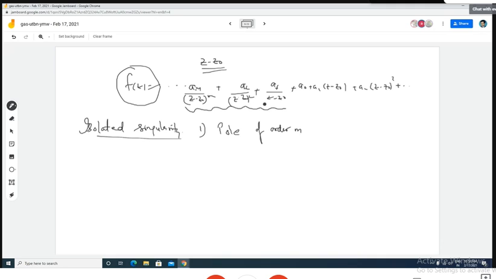In particular, if it has only one term, you call it a simple pole. If it has two terms, you call it a pole of order 2, and so on.